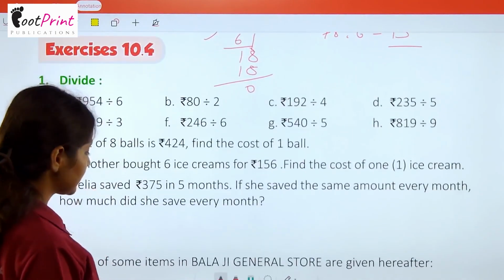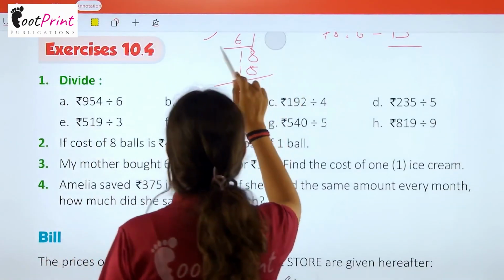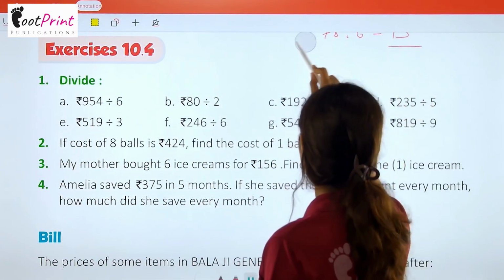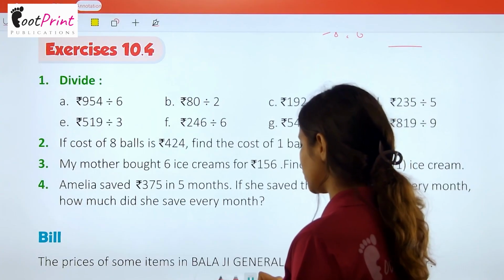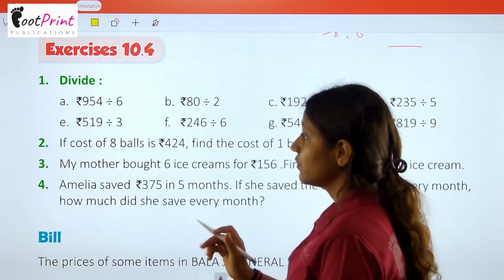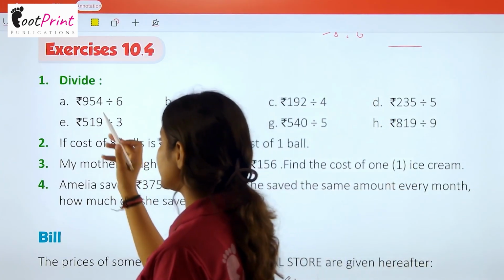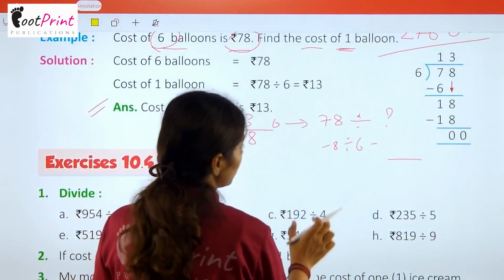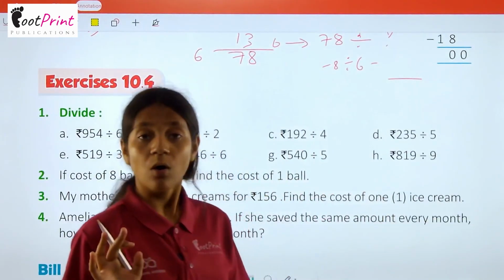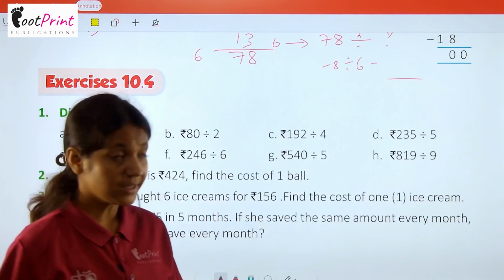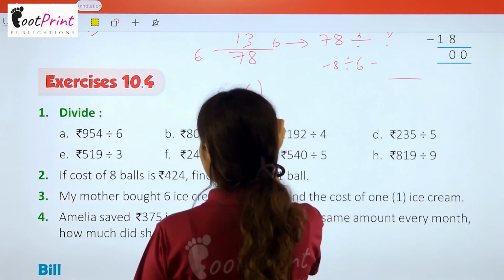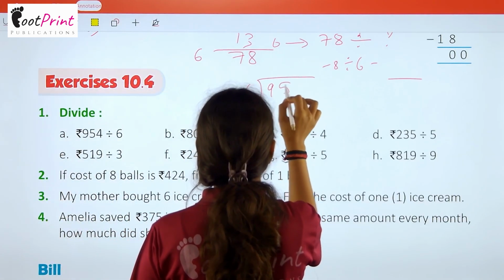Now we have exercise 10.4. Here we have so many questions which are based on division of money. So first question is divide rupees 954 by 6. So you have to do simple division like an ordinary number. So 6 and 954.